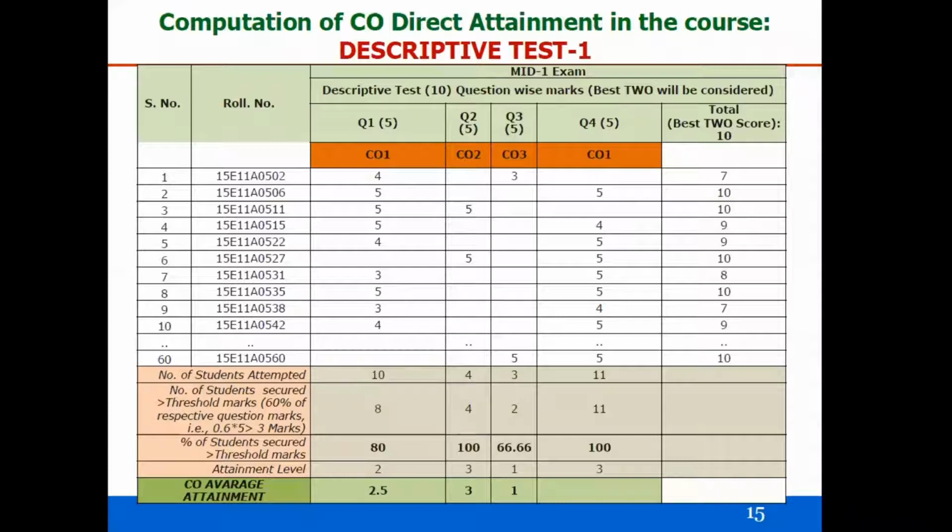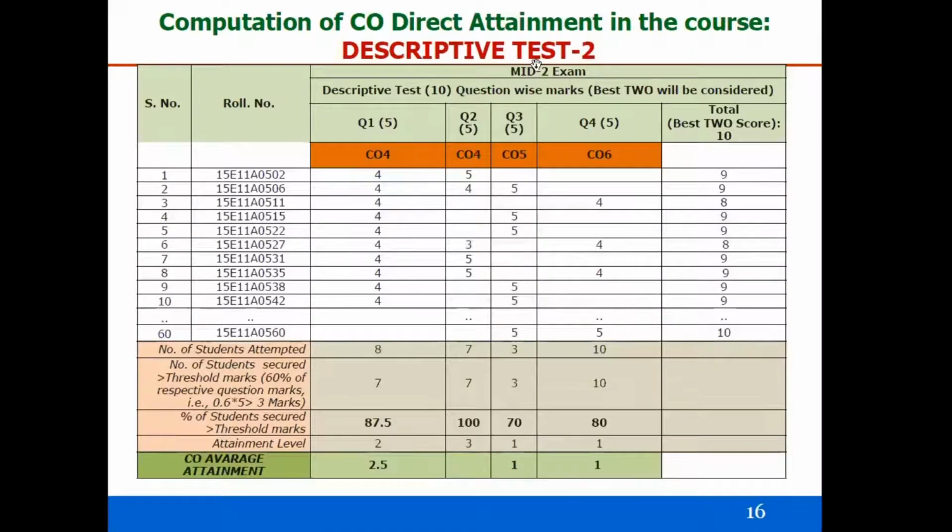Maybe sometimes one CO mapping with second unit, third unit first part, even same CO mapping with the third unit second part also, even for mid 2 also. At that time, you can take the average. So in descriptive test 1, whatever the CO value you obtain, then descriptive test 2, whatever the CO value you have obtained, then you can take average of these 2. So like that we have to consider.